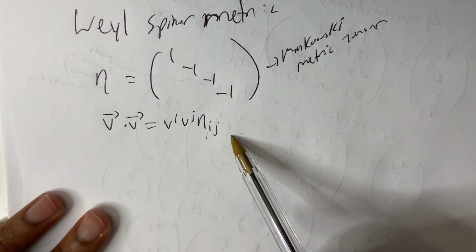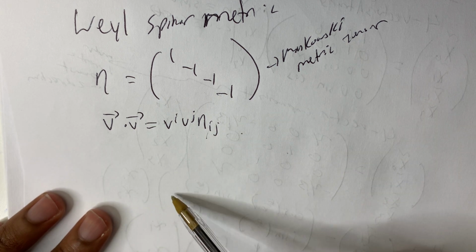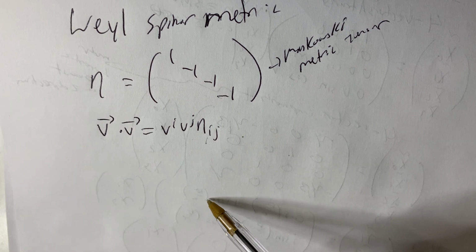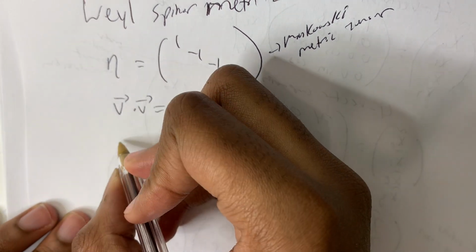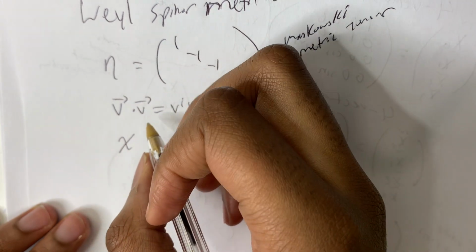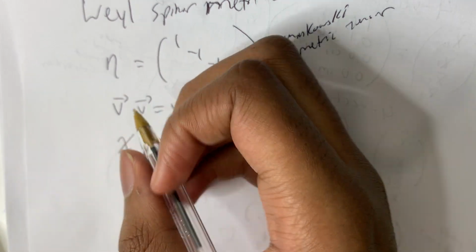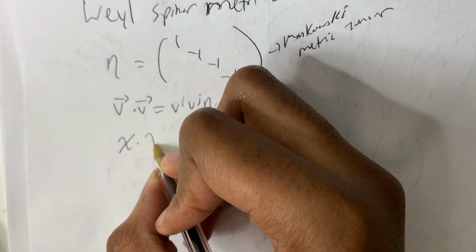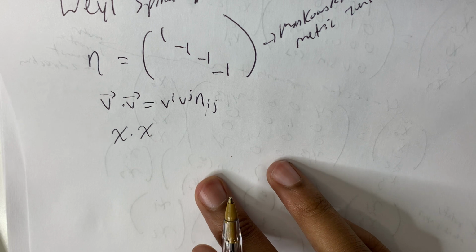Okay, so similarly, there is a metric tensor for the dot product of two spinors. All right. So if I take two spinors, how should I write this notation? If I take a spinor, okay. Also, we're going to deal with the left chirality spinor case.